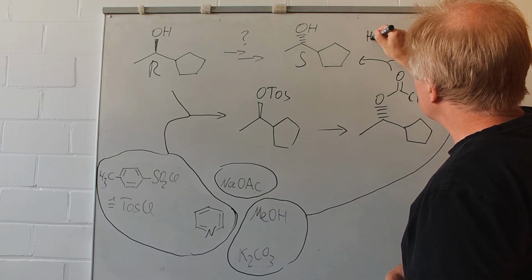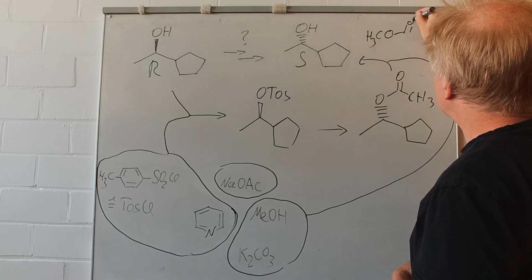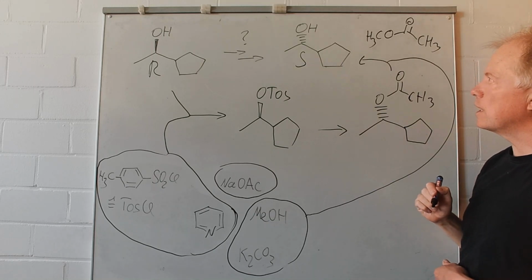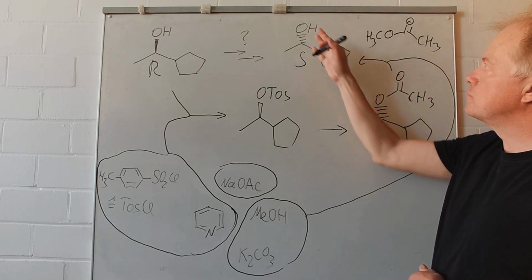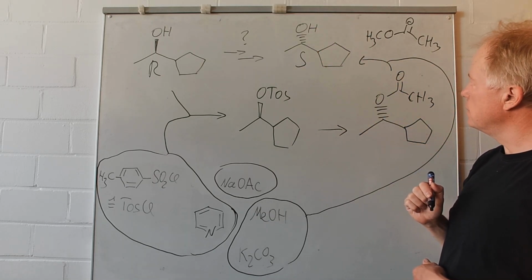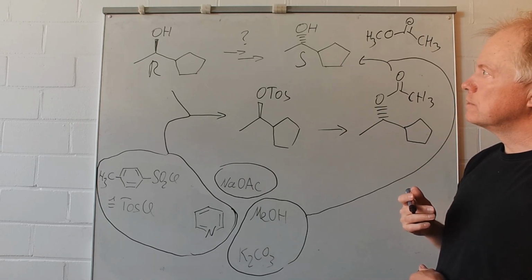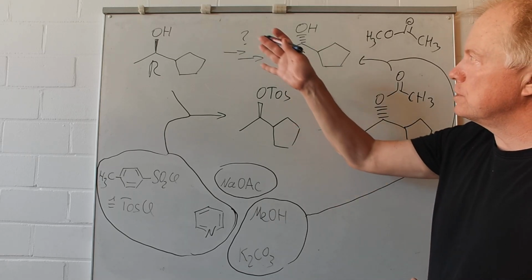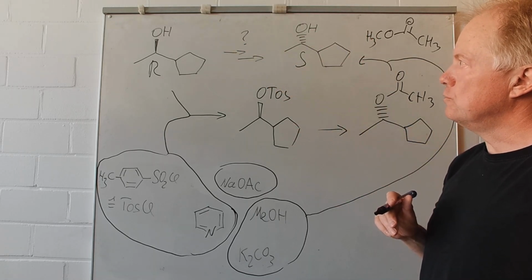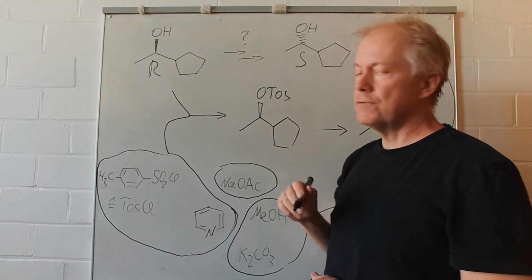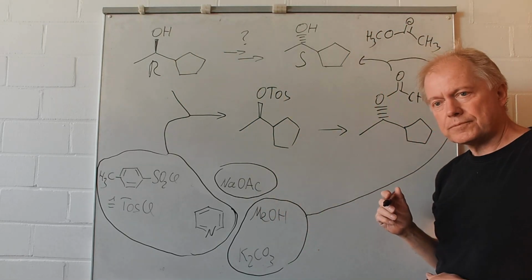We will get acetic acid methyl ester as the byproduct and a free secondary alcohol. This is the classical way of achieving such an inversion at the stereogenic center of a secondary alcohol.